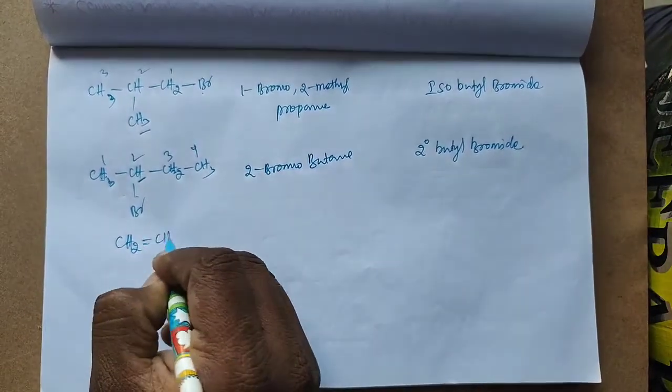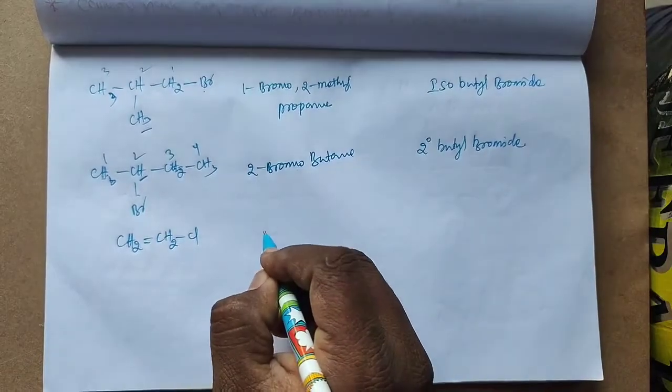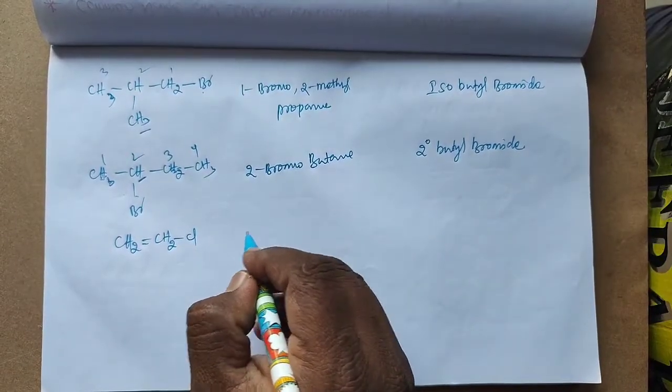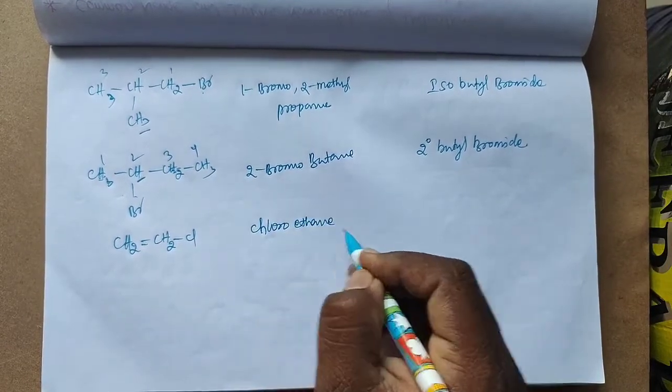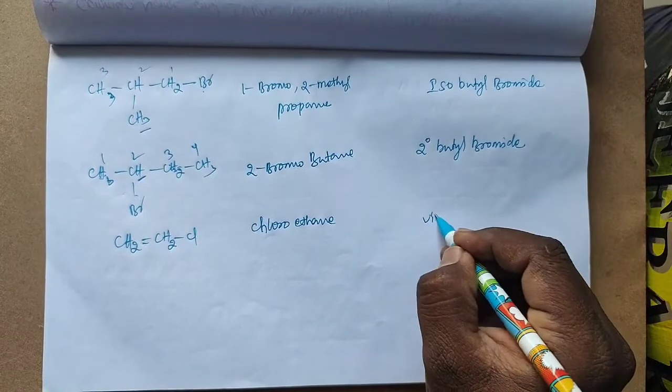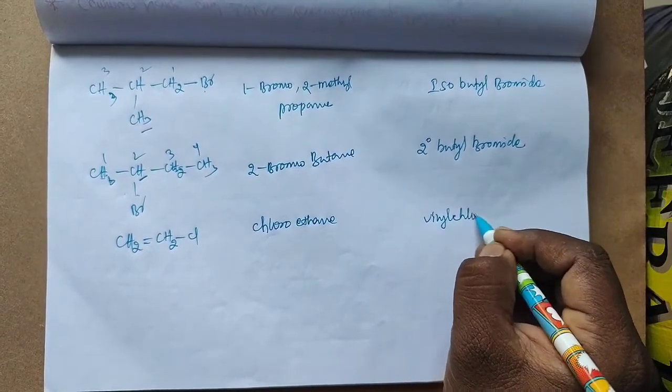CH2=CHCl. From the IUPAC point of view this is chloroethene, but commonly we call it vinyl chloride.